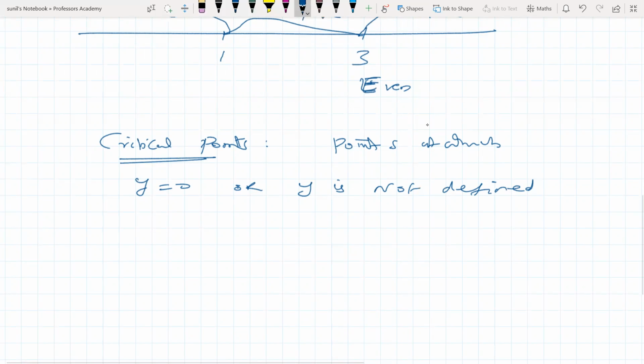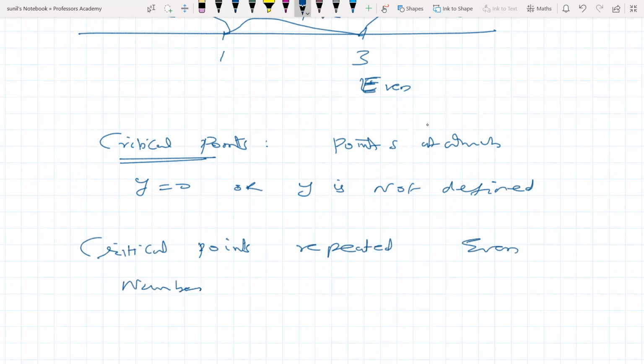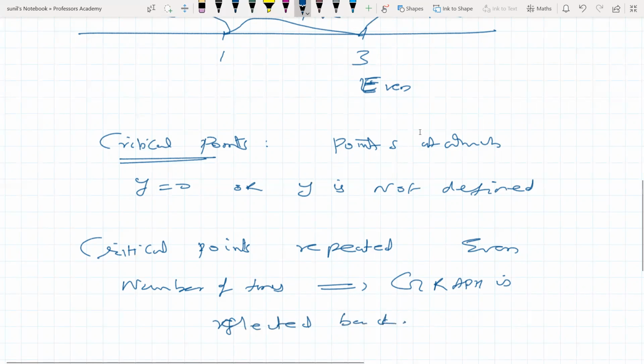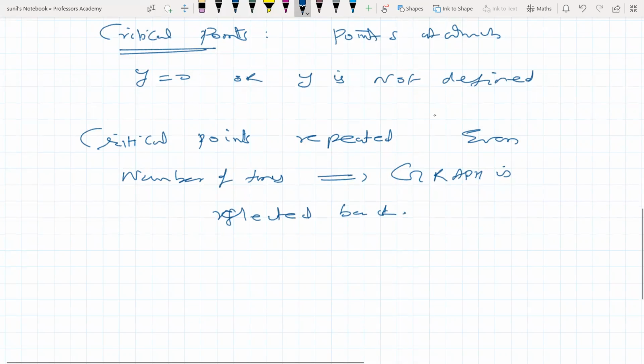Critical points repeated an even number of times: then the graph will not cross the x-axis. The graph is reflected back.